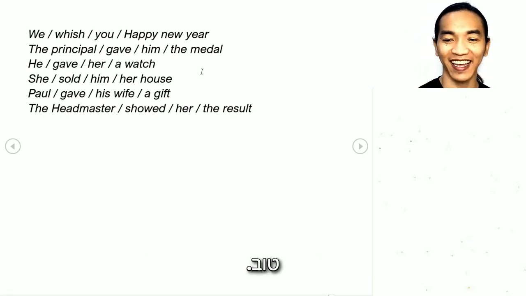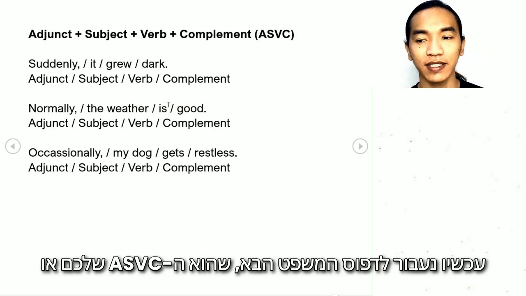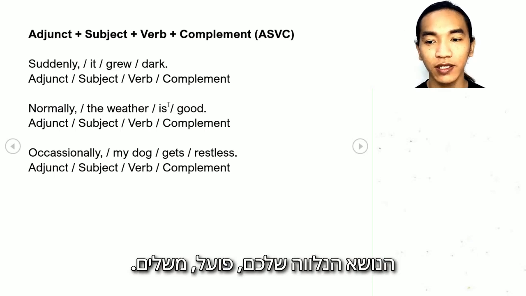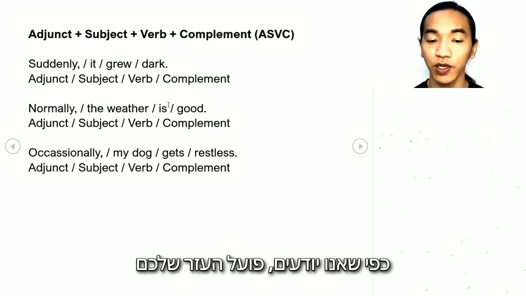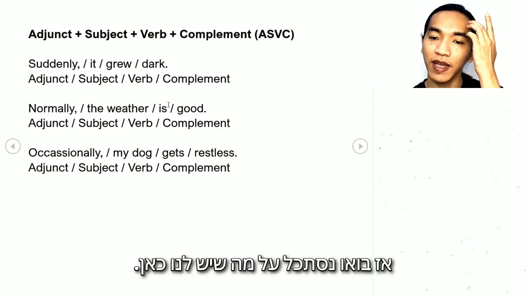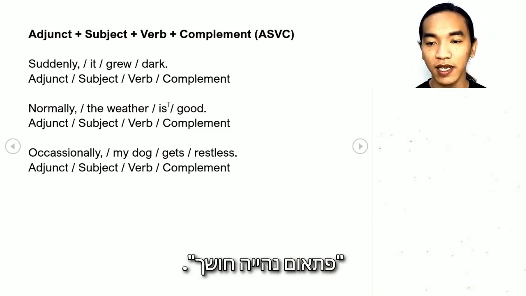All right, good. Now let's go to the next sentence pattern, which is your ASVC or your adjunct, subject, verb, complement pattern. Okay? As we know, your adjuncts are usually your adverbs or adverbial phrases. So let's take a look at what we have here. Suddenly, it grew dark.